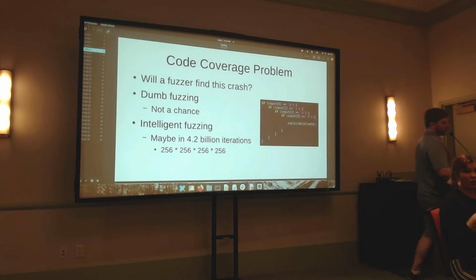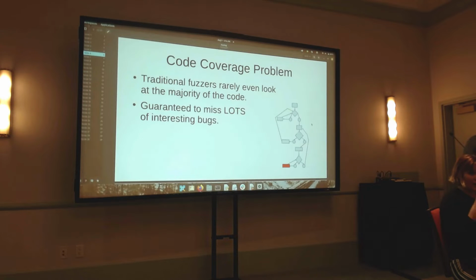So how do we improve upon this then? How do we make our fuzzer more easily find code deeper and deeper in? Traditional fuzzers are not going to look at the majority of the code base, the majority of the branches, because they're never going to provide the right inputs to reach those code paths. We're guaranteed to miss bugs.